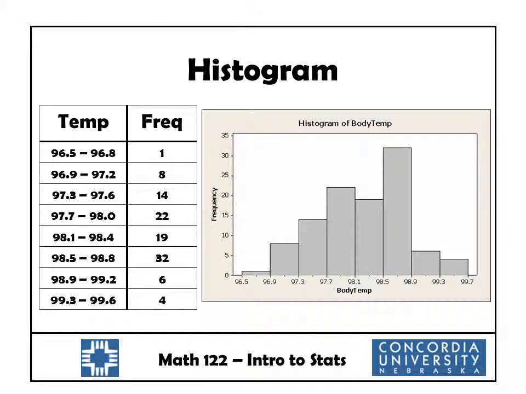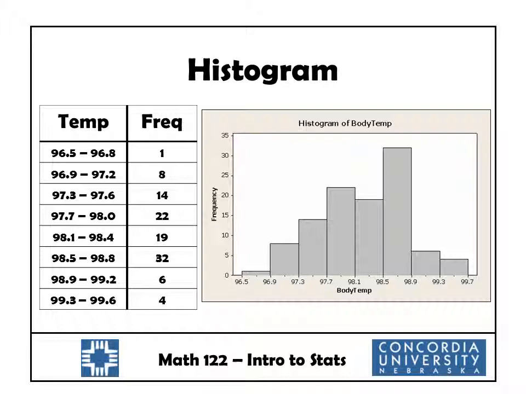Our first type of graph we talked about was a histogram. The idea behind a histogram is to get a picture of what the data looks like. So we start off by constructing a frequency histogram, or frequency distribution, which is shown here on the left. The idea there is that we divide the range of data values down into several different subintervals or classes or bins, and then we count the number of data values that are in each one of those classes or bins.